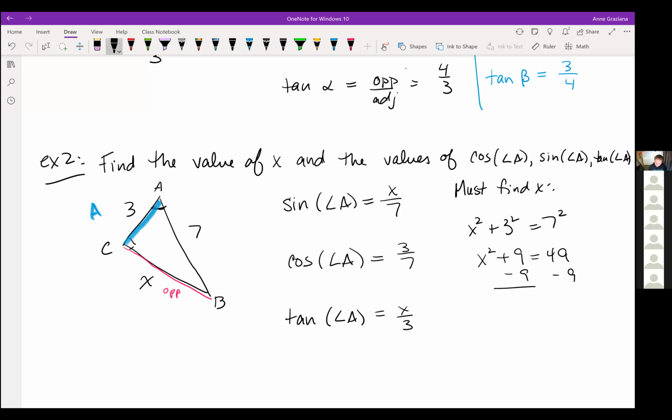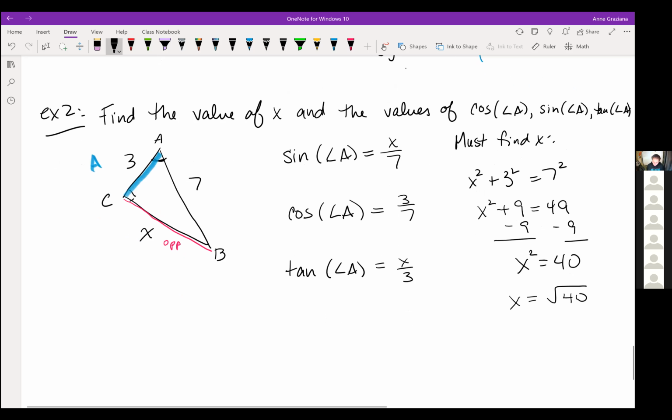Subtract 9, and x squared equals 40. Now, x is the square root of 40, and we are going to simplify that. This is the square root of 4 times 10, so 2 square root 10. There you go. It's not always going to come out perfect, but that's okay.